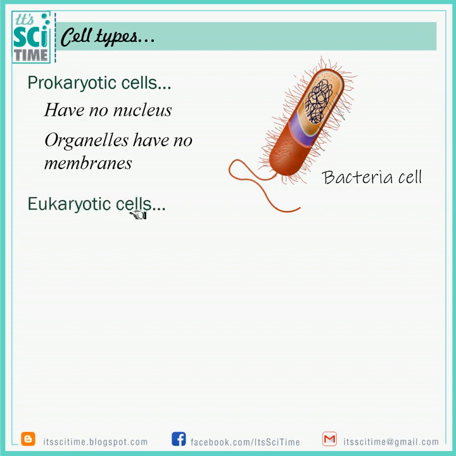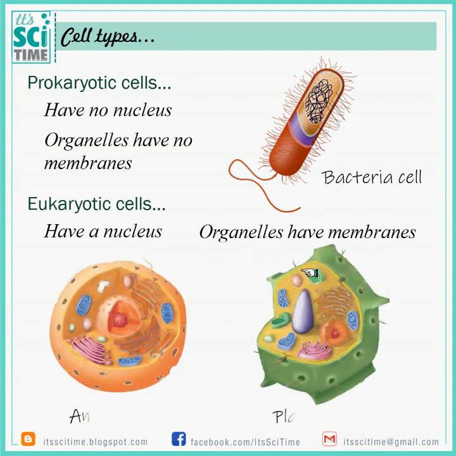But eukaryotic cells are more organized and complex. They have a nucleus and well organized organelles, because organelles have membranes as well. Animal cells and plant cells are examples of eukaryotic cells. Compare these pictures: you can see animal and plant cells look much more complex than the bacteria cell.